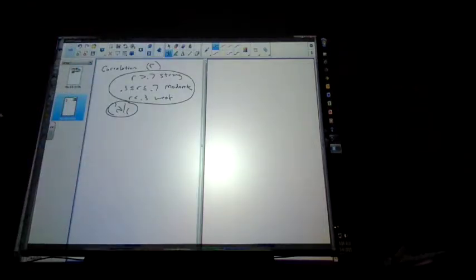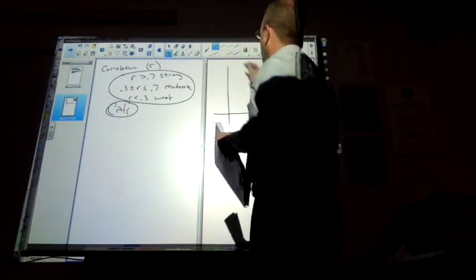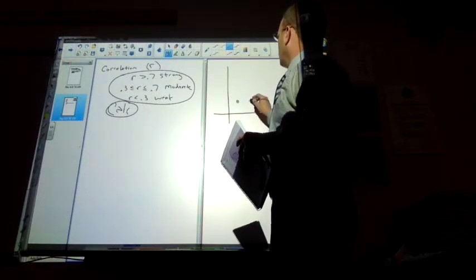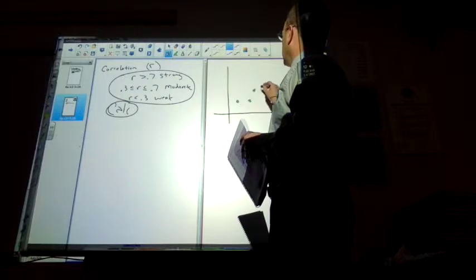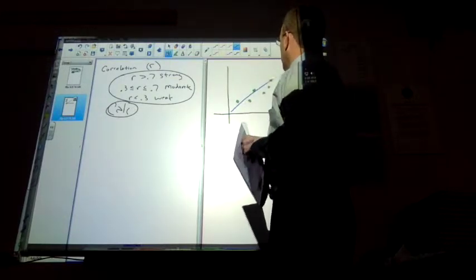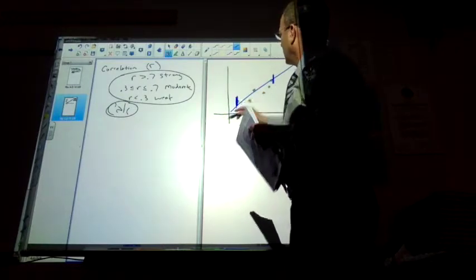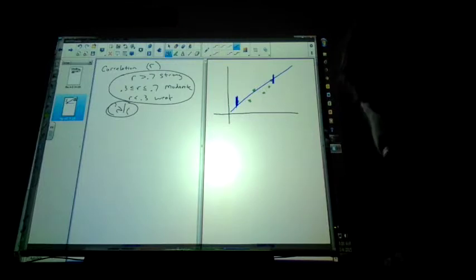The next thing is interpolation. So if you were to plot data, you had all of these dots on here, you had your line of best fit drawn. If I select to get something between those 2 points, it's called interpolation.